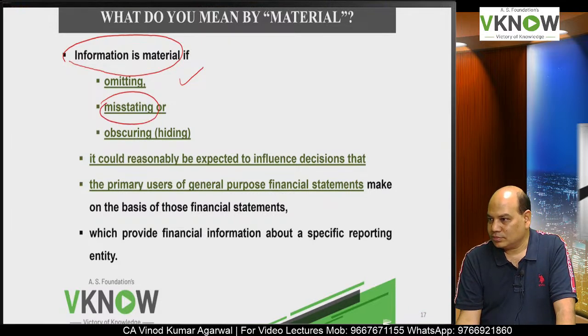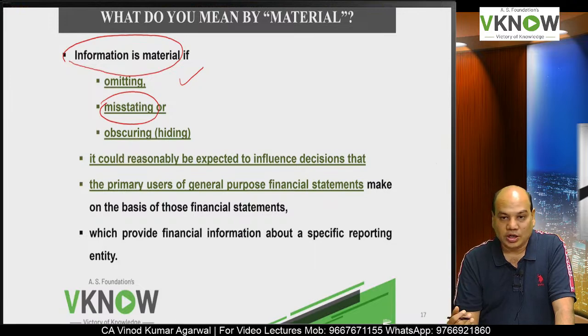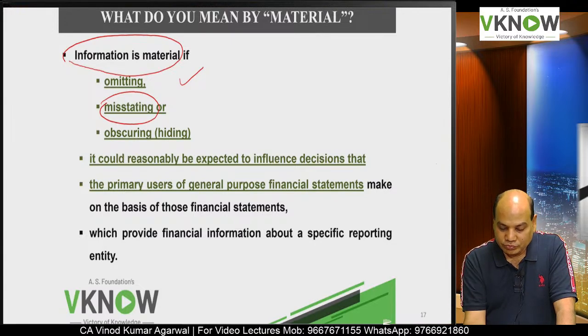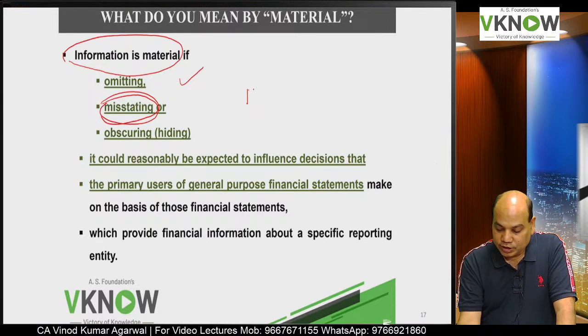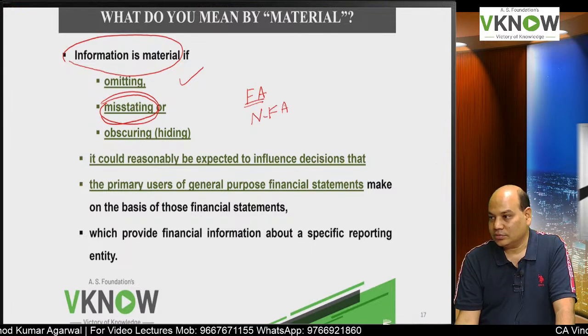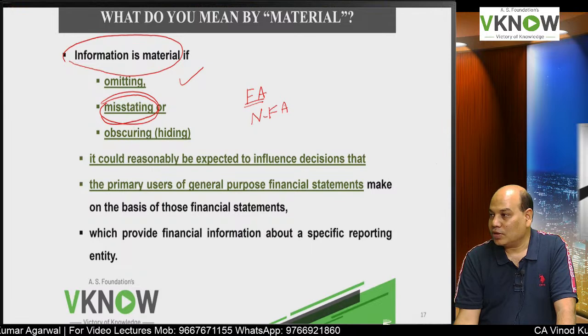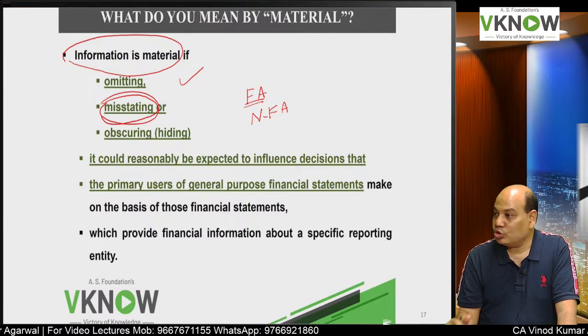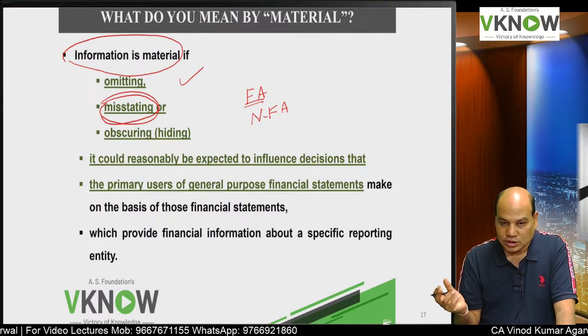wrong information, presented wrongly, misstatement. So maybe you will have a financial asset, but you might present it as a non-financial asset. Instead of putting it under the financial asset category, you might put it under the non-financial asset category.